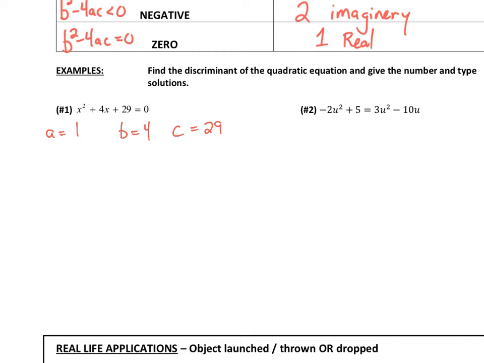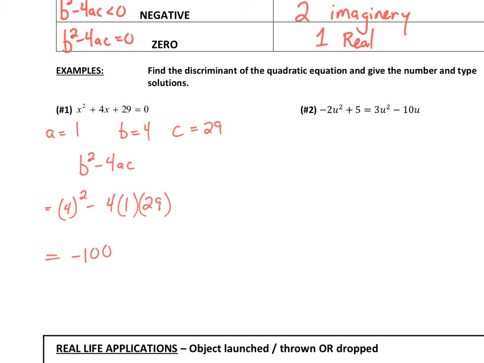So if we use our formula, b squared minus 4ac, that's the discriminant, we would take 4 squared minus 4 times 1 times 29. So 4 squared minus 4 times 1 times 29 will give us negative 100.